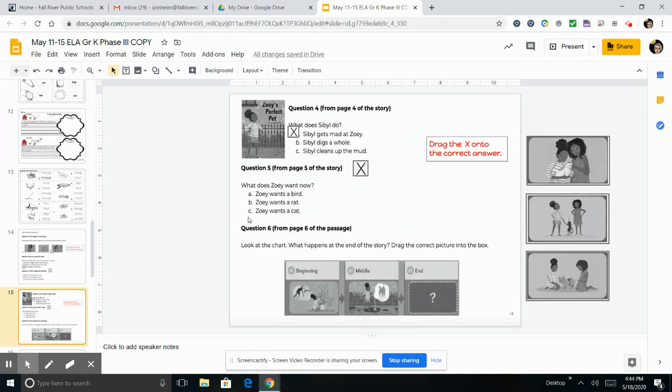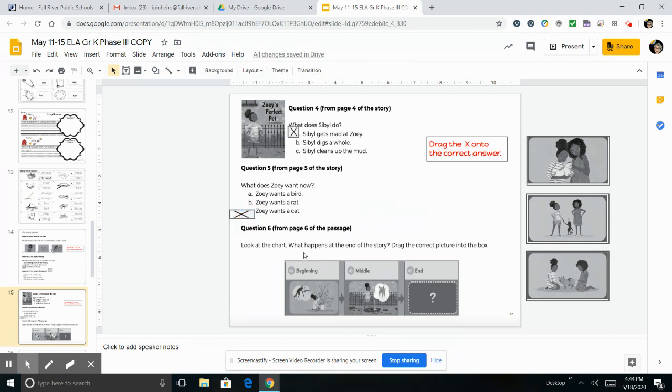It says Zoe wants a cat. So we can take the X and put it right next to the C. Oh, I made it too small. Put it next to the C.